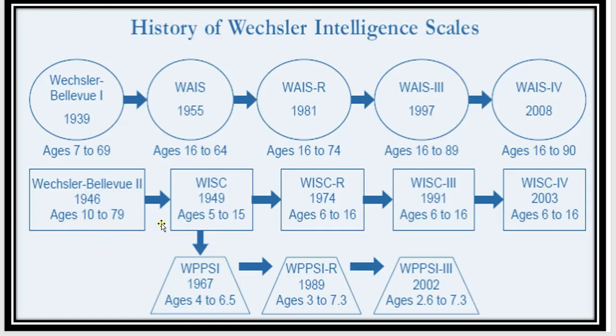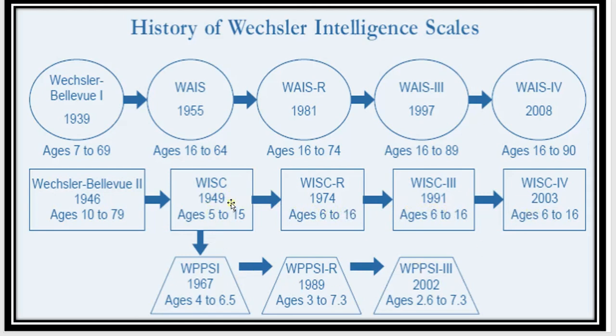And based on this, the Wechsler Intelligence Scale for Children was developed in 1949, and then it got different revisions: WISC-R in 74, WISC-3 in 91, and WISC-4 in 2003.